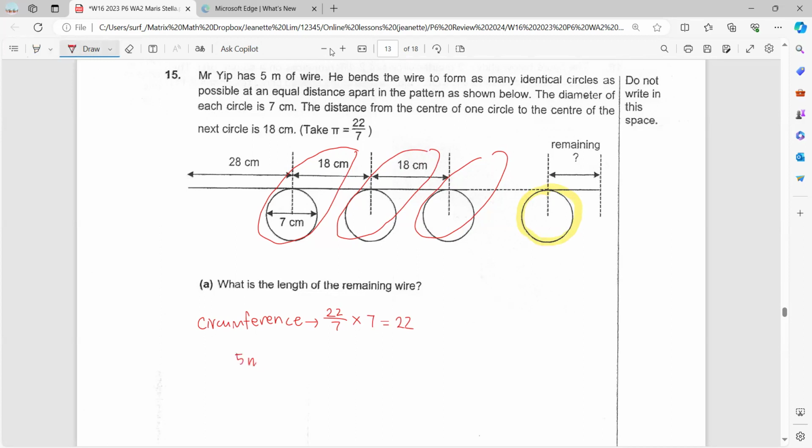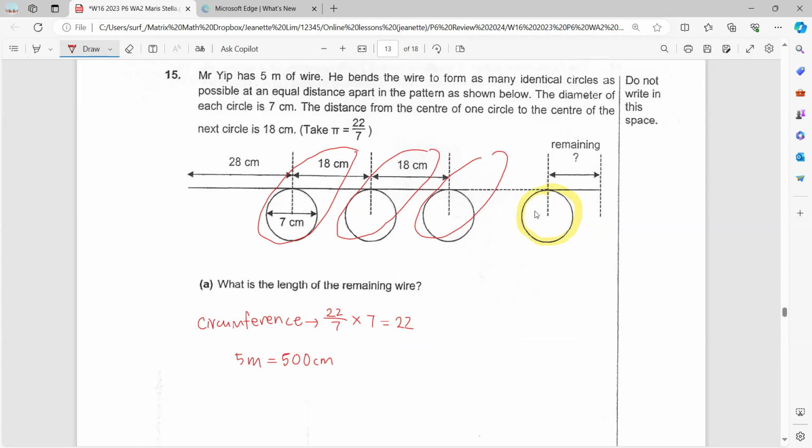The total length is 5 meter. Okay, let's change to cm first, which is 500 cm. I want to find how many groups are there. And I need to first take away the extras, which is this 28, as well as this circle.